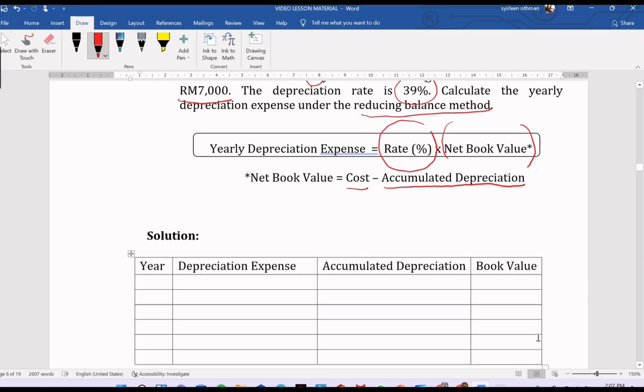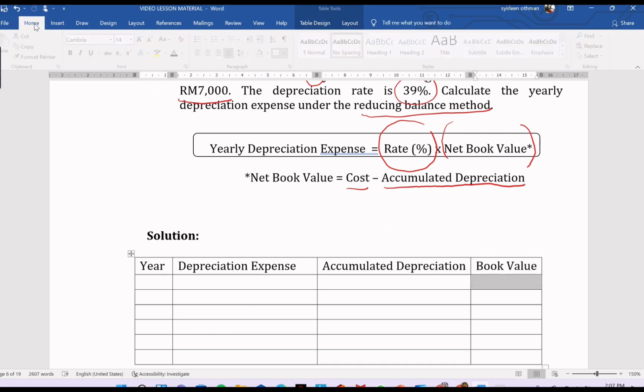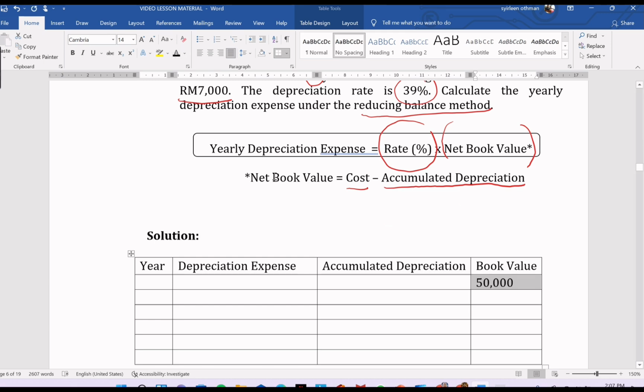Okay, so the solution here. We bought the asset at the price of 50,000. So for the first year of depreciation, we are using the yearly basis. For the year of 2015, the depreciation will be 39% multiplied with 50,000 ringgit. So your depreciation expense will be RM19,500 ringgit.